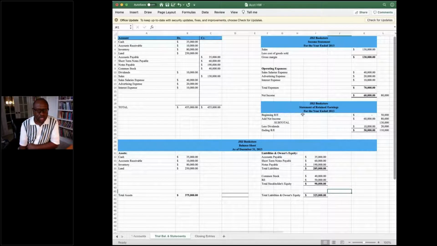Okay, as we work with longer problems, you want to make sure you're using this to add and subtract. You can get your account set up and then put a formula in to say, okay, cash equals what's on the trial balance. You can do that for each one of these accounts. And so as you prepare the trial balance, these items are prepared automatically.